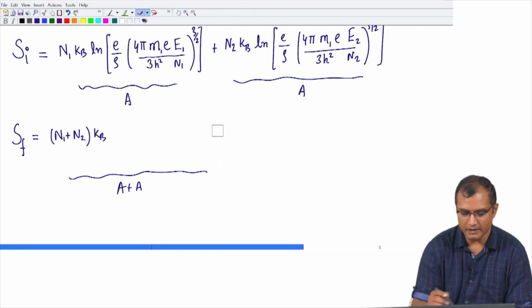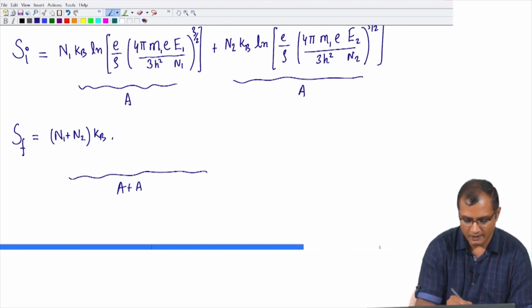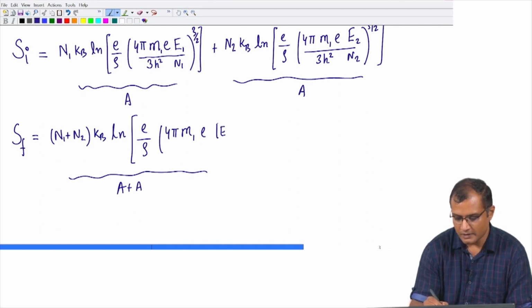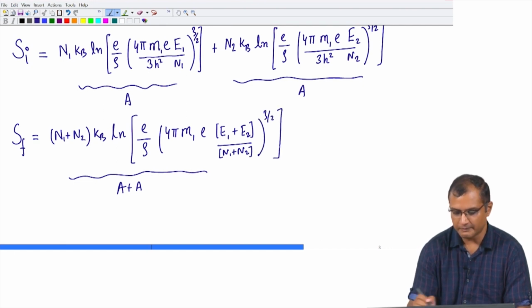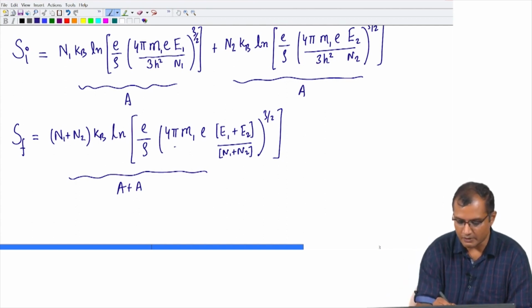There is a ln here that was missing: e by rho into 4 pi m1 into e, E1 plus E2 divided by N1 plus N2, whole raised to 3 by 2, divided by 3h square here.